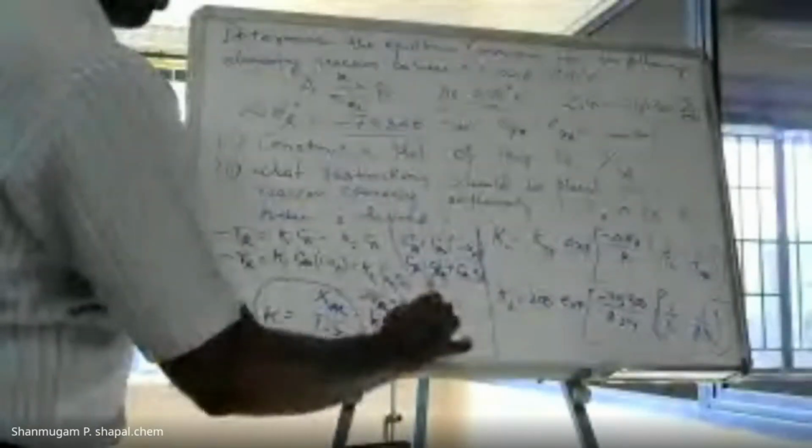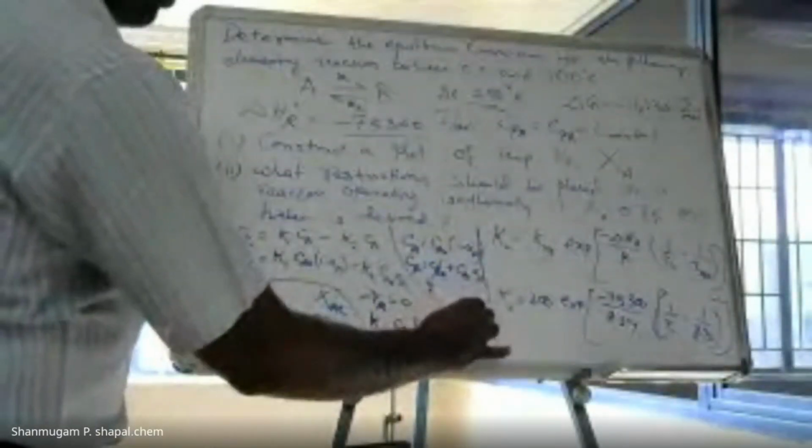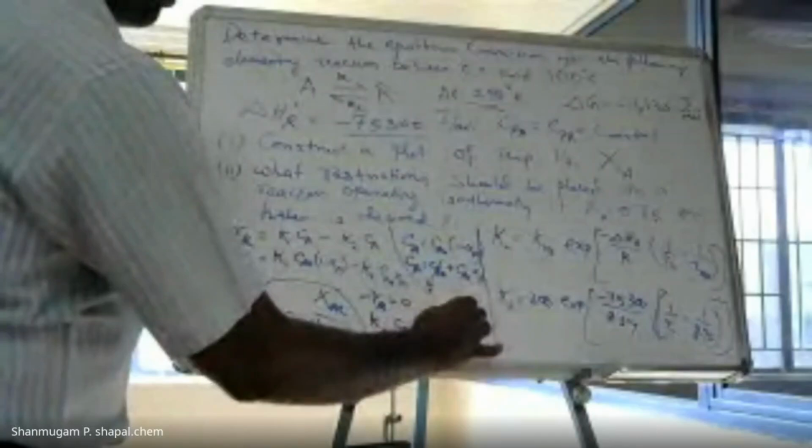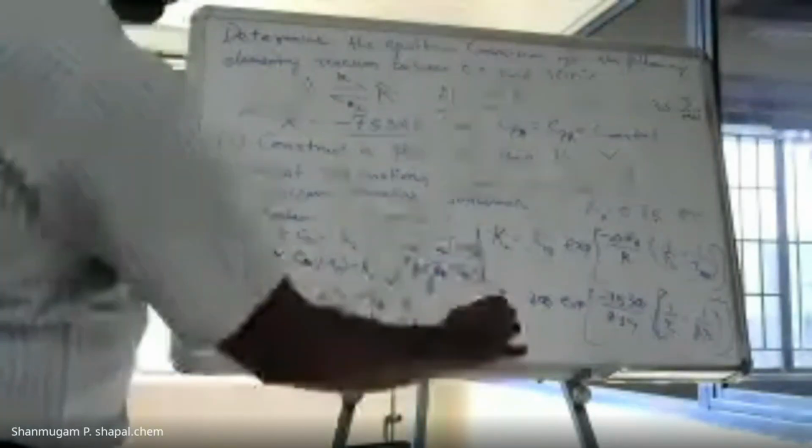So K1 CA naught (1 minus XA) equals K2 CA naught XA. At the equilibrium stage, you substitute XAE, that is the equilibrium conversion point.